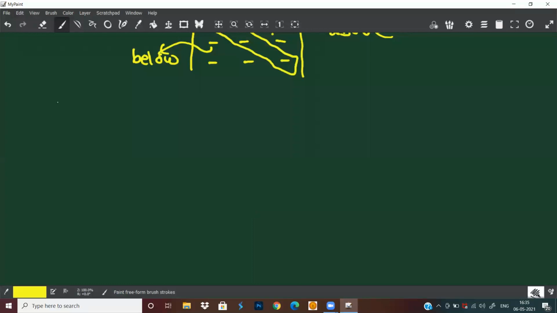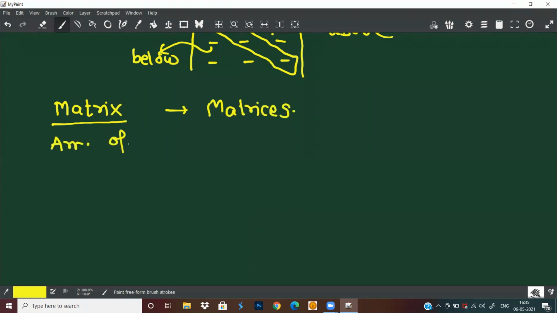Now matrix is a singular, matrices is a plural. Again, it is arrangement of numbers. Yes, Rutuja, you're right.